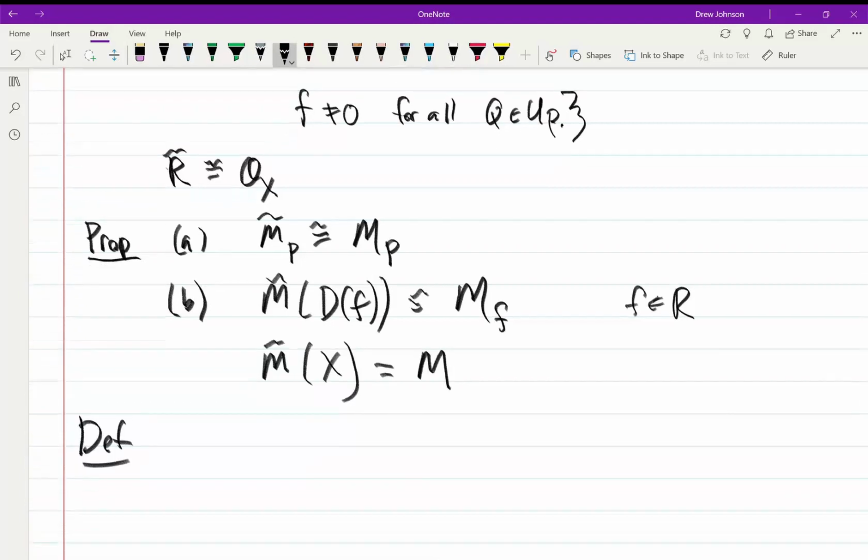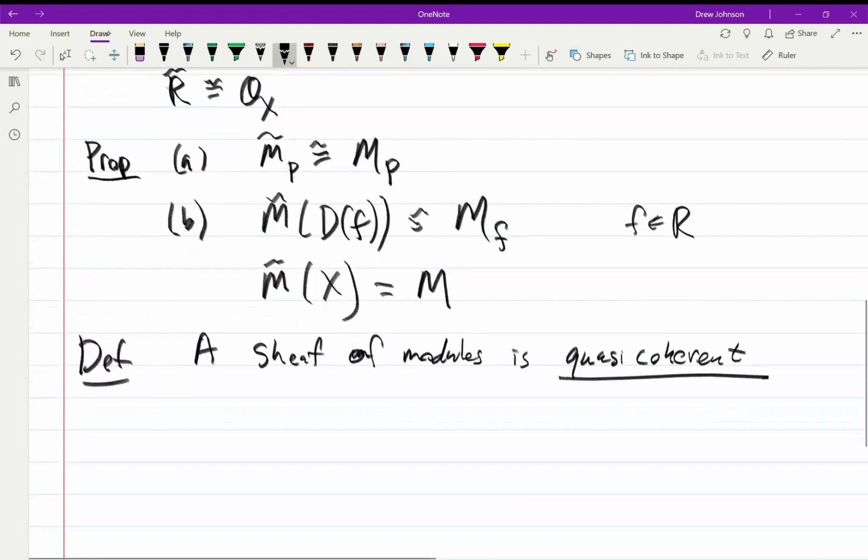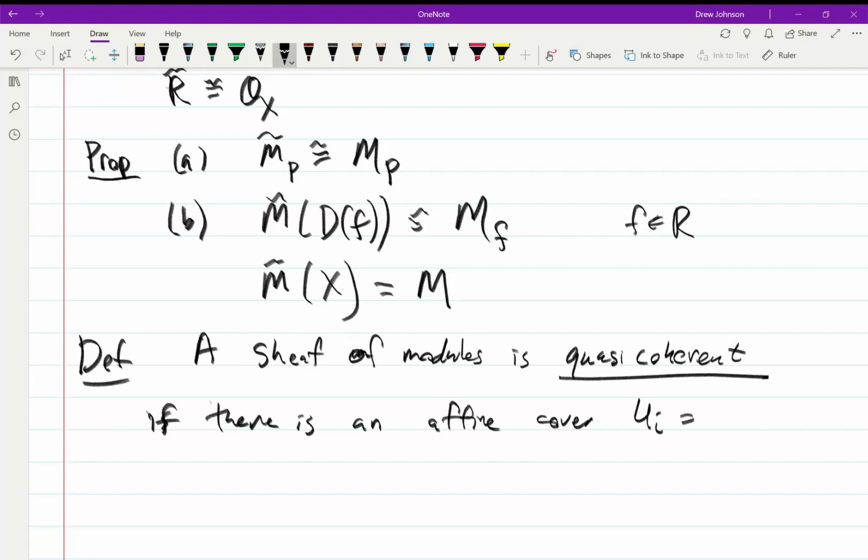We're going to now generalize this to an arbitrary scheme, not just affine schemes. So it goes like this: a sheaf of modules F is quasi-coherent if there is an affine cover U_i isomorphic to Spec R_i.